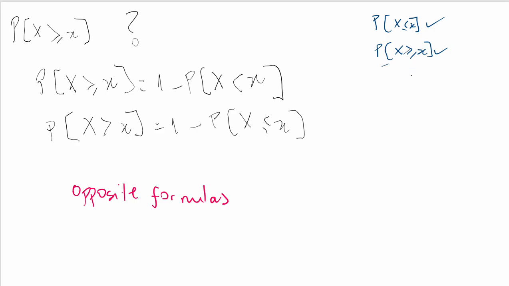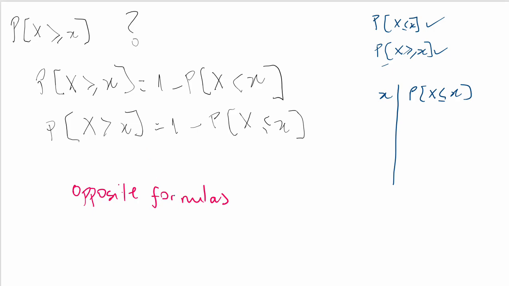But the thing is that the CDF, the way it is, it only shows directly on the table the less than, right? So how could that facilitate my life? What if I ask you the greater than something? Well, it actually does facilitate because you don't have to sum up lots of things in the PDF, but you have to use the opposite formulas. And they're valid. You know they're valid.